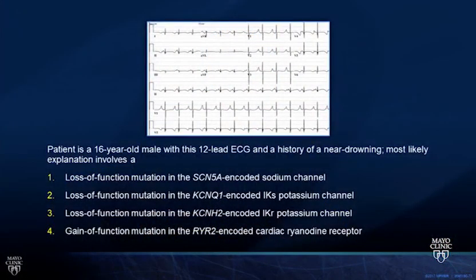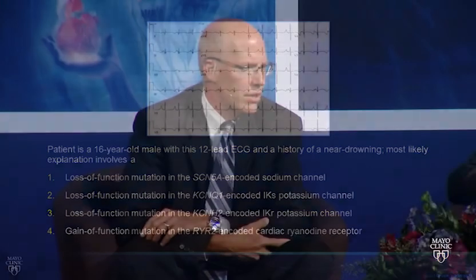Number 3, loss of function to the KCNH2 encoded IKR, that's LQT2. That's the doorbell alarm clock postpartum hump bump notch T-wave looking version. And then the gain of function mutation in the ryanodine receptor, that is not really any clear disease yet, because ryanodine receptor mutations are leaky, and one could argue, is leaky ryanodine receptor a gain anyway?